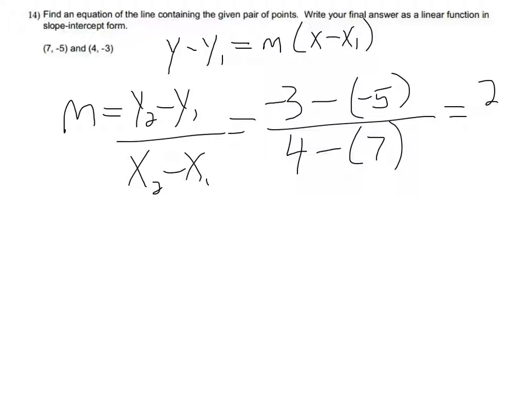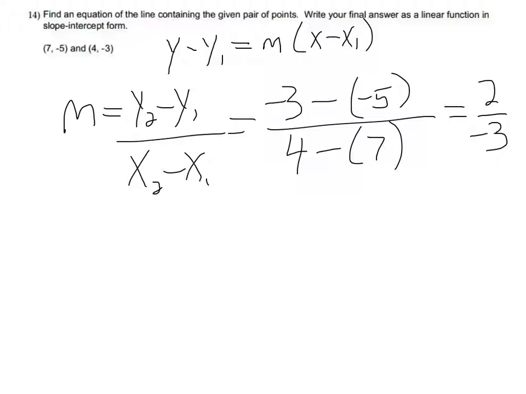That is 2 over negative 3. Watch out, the formula has a minus in top and bottom, so make sure you subtract. If you are subtracting a negative number, that will end up being plus. So there's our 5 minus 3 is 2. But if you're subtracting a positive number, then it is subtraction. 4 minus 7 is negative 3. That is our slope.